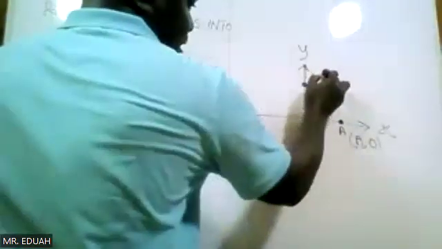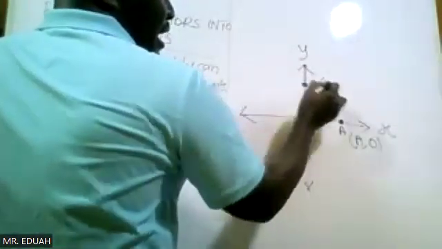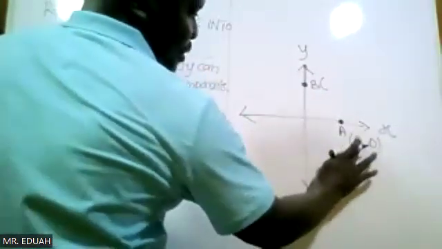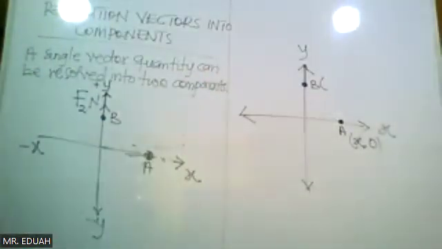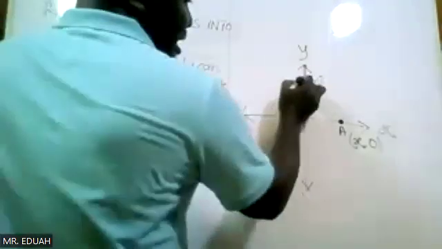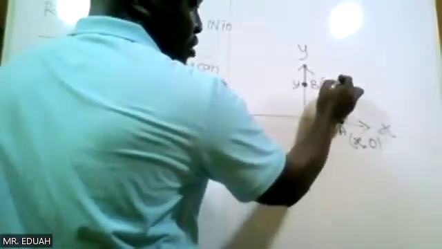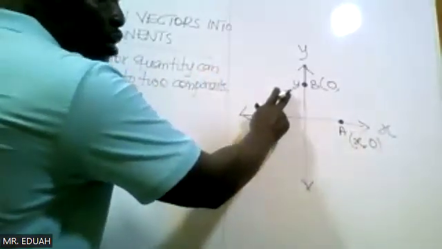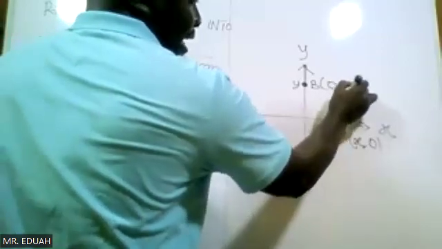This point B, instead of A, let me represent by x. Point B is equal to an x component of 0 and a y component of y.